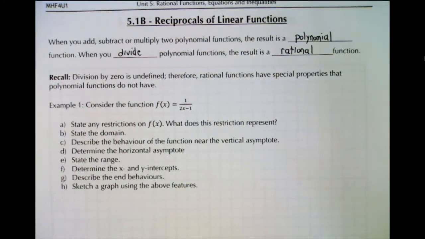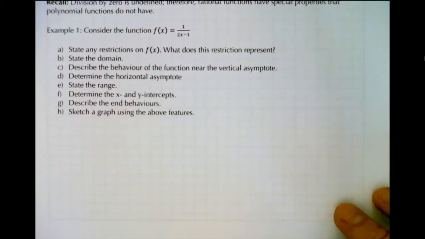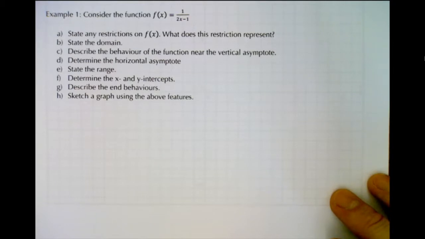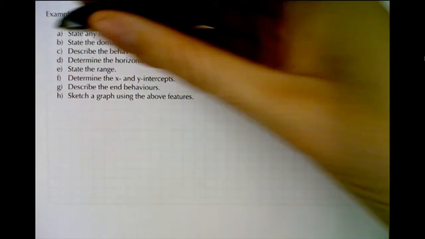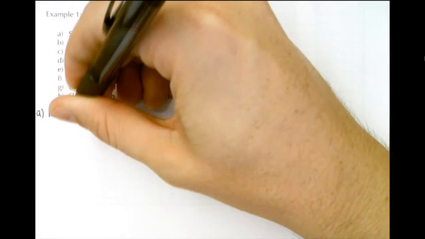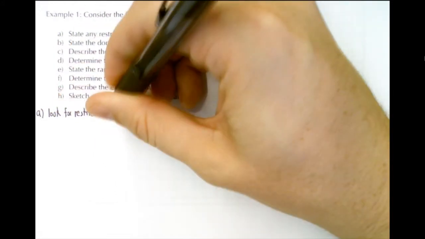So here we go. First, we're going to consider our function, and we're going to state any restrictions on that function. So a restriction is any number that x can't be. And where you find restrictions is in the denominator.